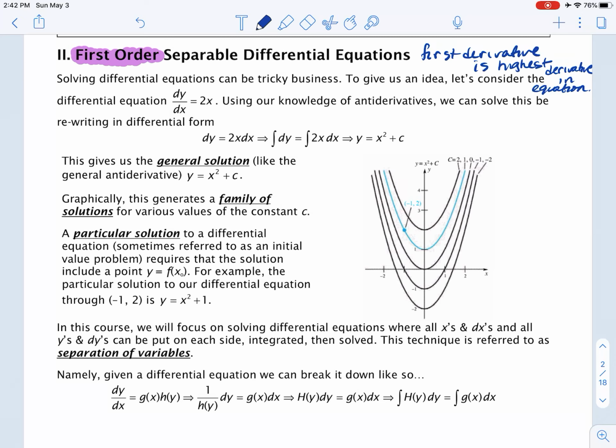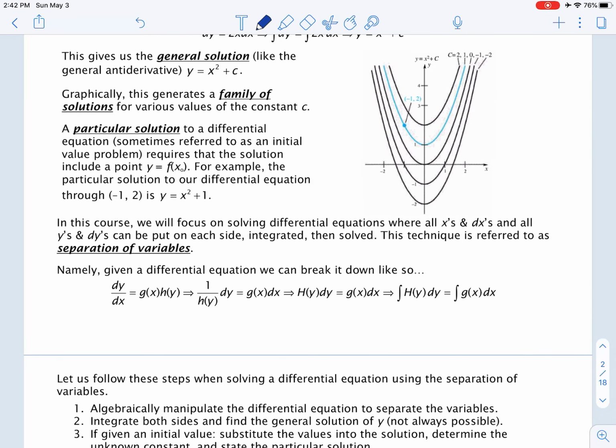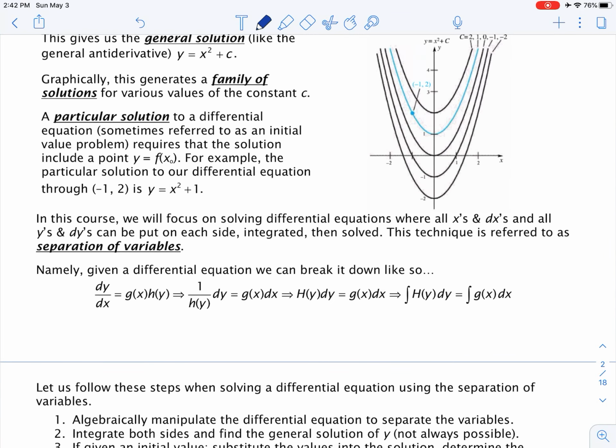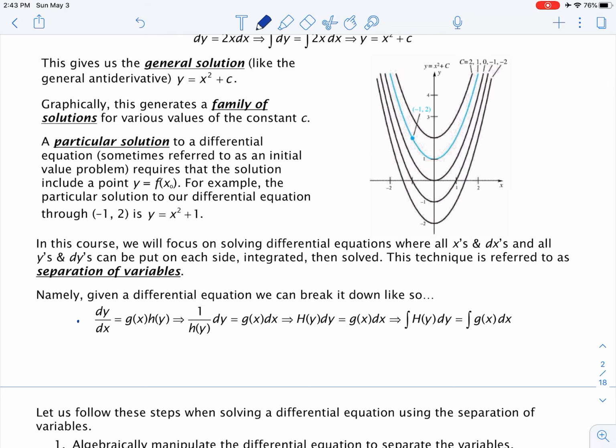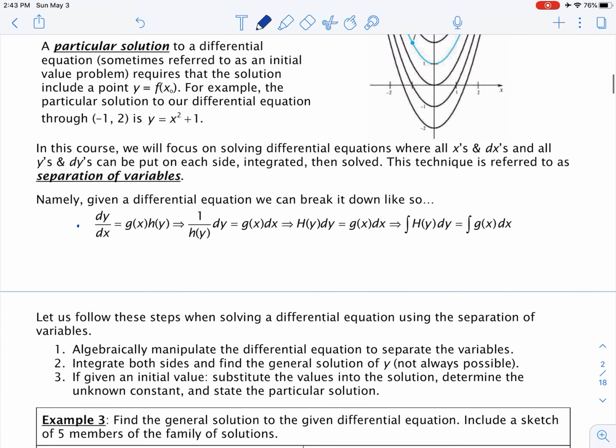Separable means that we can separate the two variables that appear in the equation. Looking down below here, given a differential equation, we can break it down so that dy dx equals g of x times h of y. If we were to separate our variables, keeping in mind that we always want those differentials dy and dx to be in the numerator, then in this particular example, dx is in the denominator, and to make it in the numerator, I would multiply on both sides of the equation.